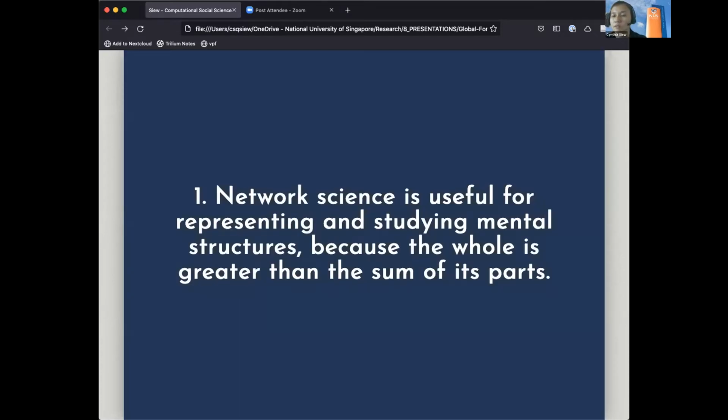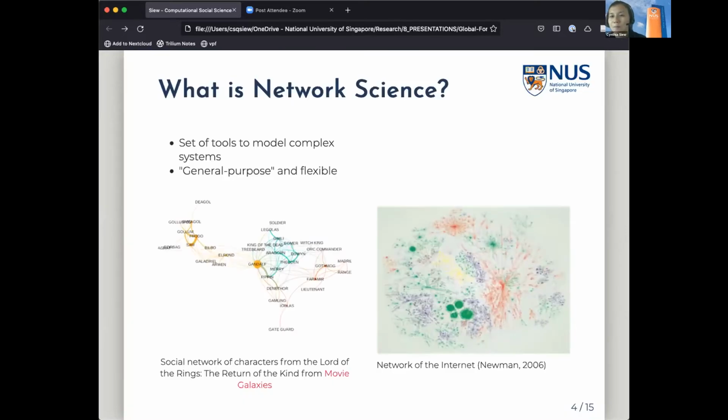Okay, so network science, what is it and why is it useful? At the core, network science is a set of tools to study and model complex systems. These tools have a very long history from the branch of mathematics known as graph theory, 200, 300 years ago. And there has been a long development of network analysis.